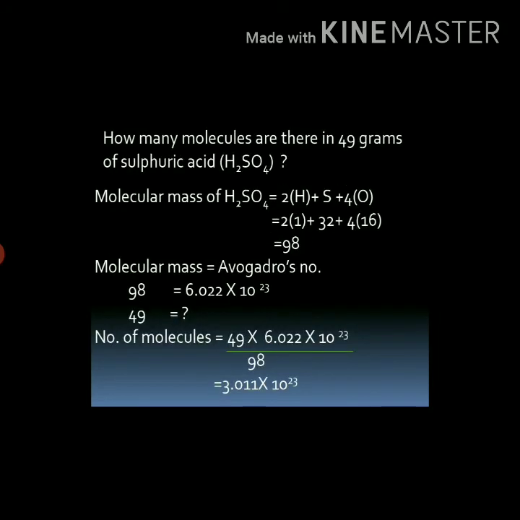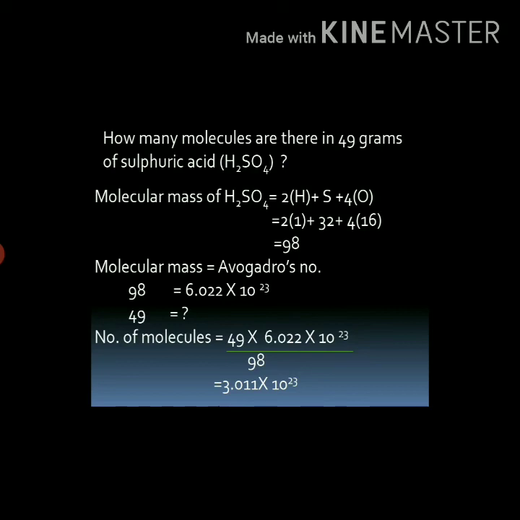Let's see one more sum. How many molecules are there in 49 grams of sulfuric acid? First find out the molecular mass of sulfuric acid. It has 2 atoms of hydrogen, 1 of sulfur and 4 of oxygen. So the molecular mass is 98. Again we are going to use the same formula. Molecular mass is nothing but Avogadro's number.